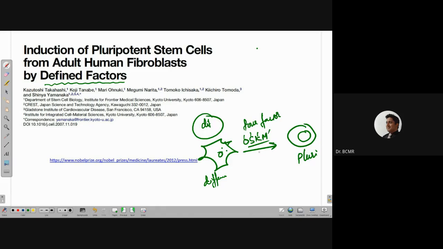These are also referred to as Yamanaka factors, because he pioneered a majority of the research and made significant contributions, and he received the Nobel Prize in 2012 for developing this technology.